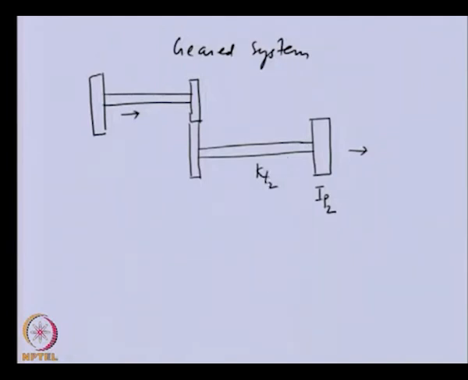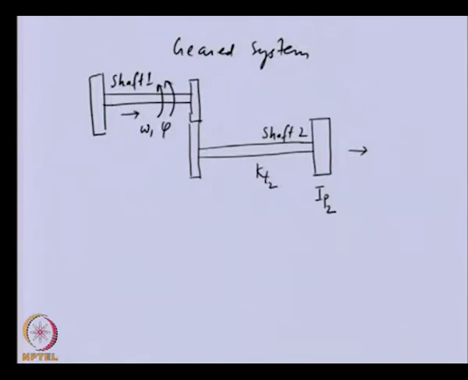Now, let us say we are mentioning this as shaft 1 and this is shaft 2, and this shaft has a nominal speed of omega 1. Apart from this, because of the polar moment of inertia, it has some torsional oscillation.